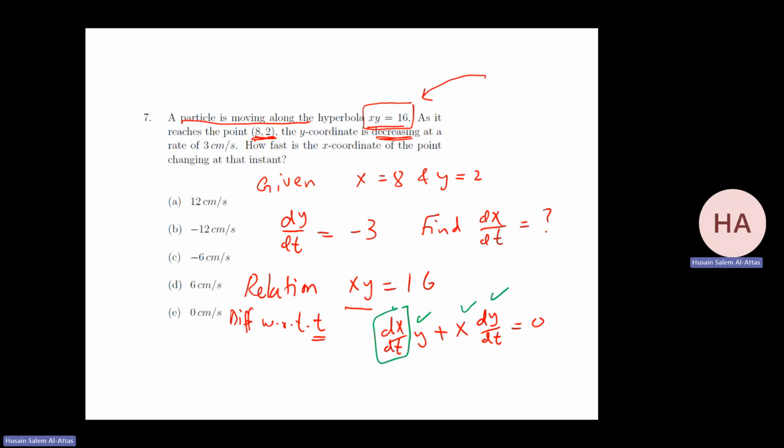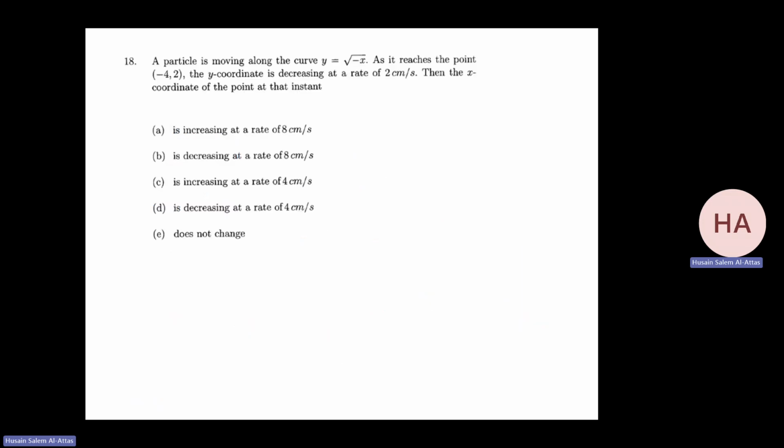Substitute, we just solve it. So I have y, which is 2, dx by dt, x is 8, and dy by dt is minus 3, so minus 8 times 3, minus 24, equal to 0. So dx over dt would be equal to 24 over 2, which is 12. That's it. Since we have the relation, things will go smoothly.